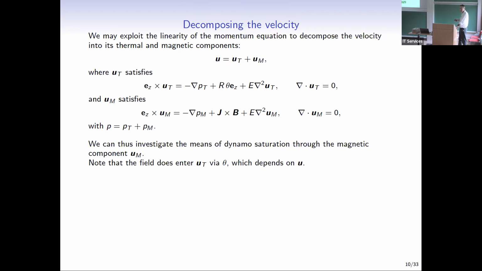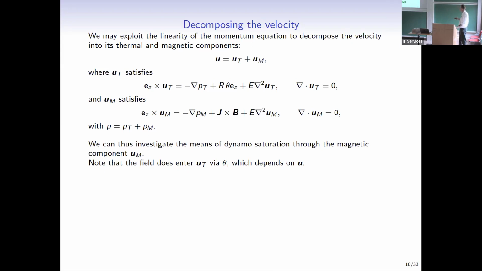They're not quite as separated as you might think at first sight, because theta, the temperature, depends on the whole velocity, including the magnetic field. So the field does enter u_t via this theta, because in the theta equation we use the full u, of course.